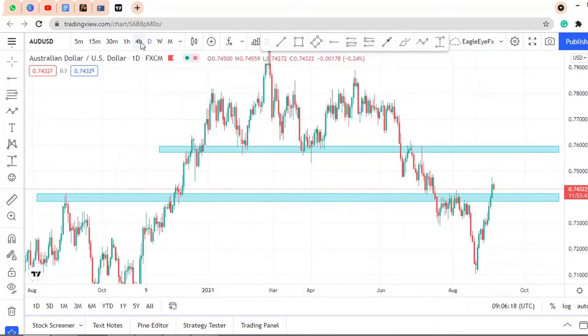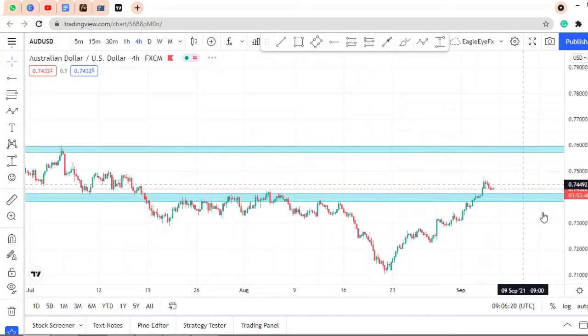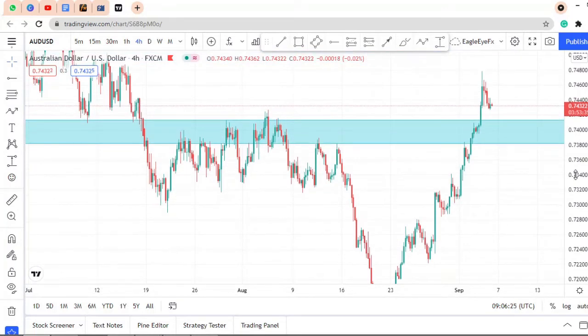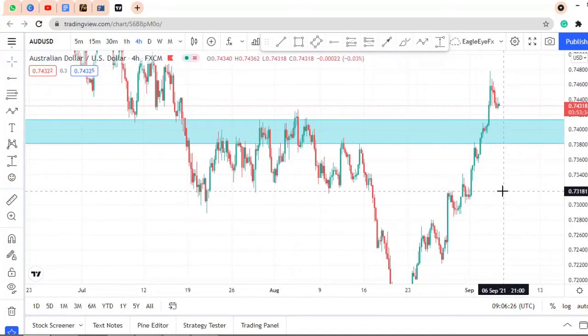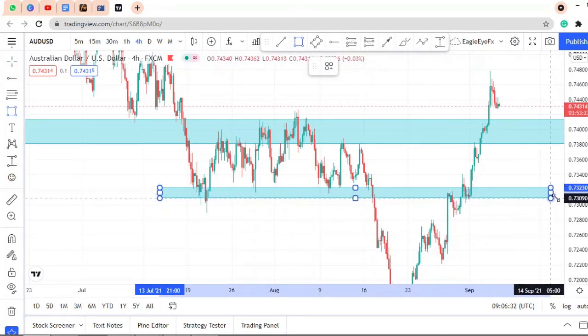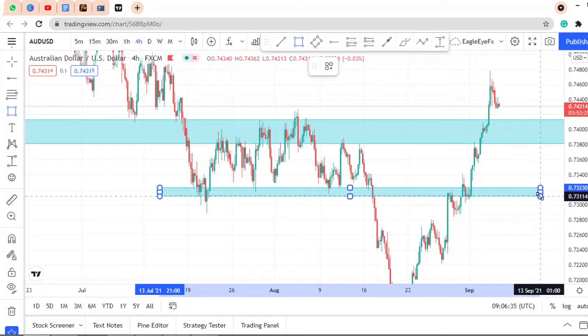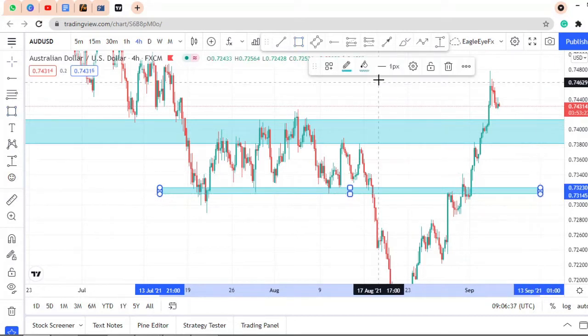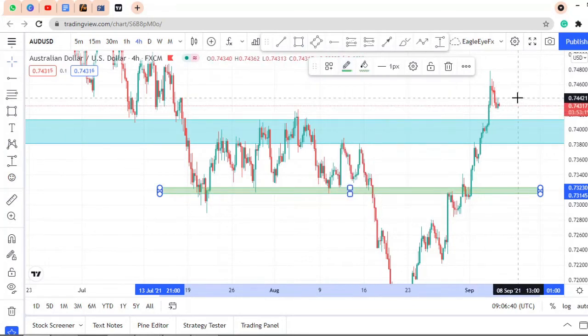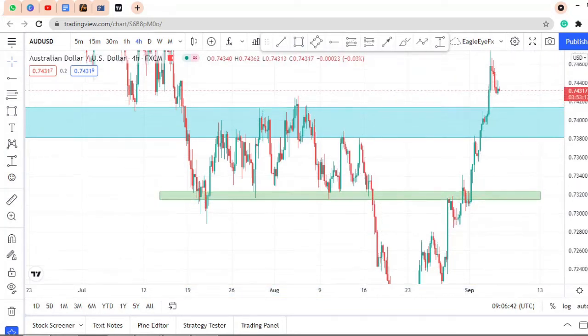So let's go to the 4-hour time frame and see if maybe we can get some nice entries. So here also you see another level over here, and another level over here. So let me change the color so that it's not confusing.